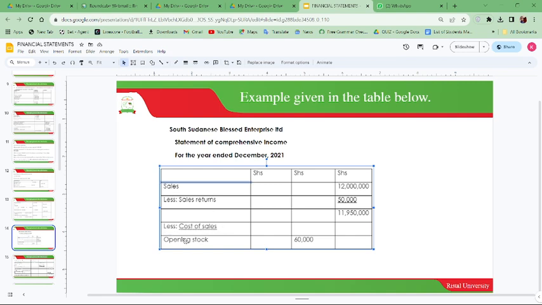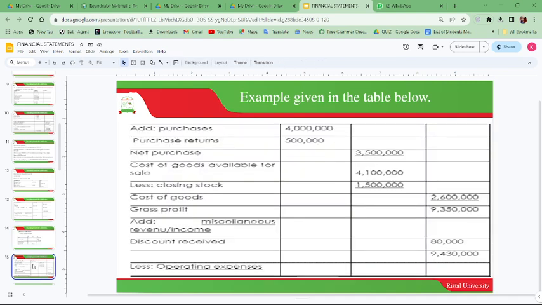Under cost of sales, we have the opening stock, which was given as 60. Then we add the purchases, which were 4 million. We subtract purchase returns from our purchases.